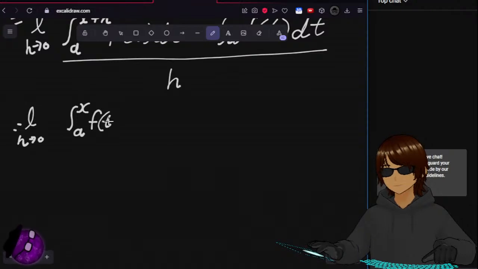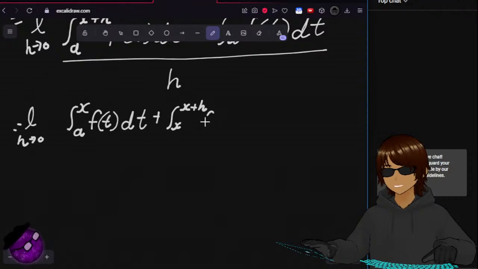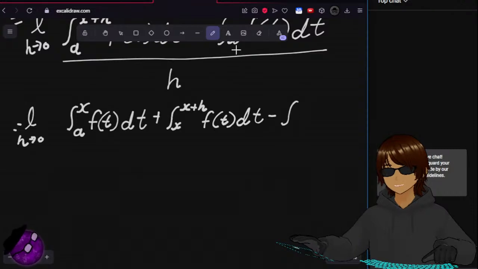F of t dt plus x plus h, and then subtract it, basically this part.